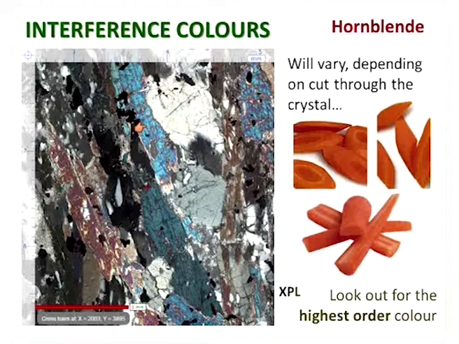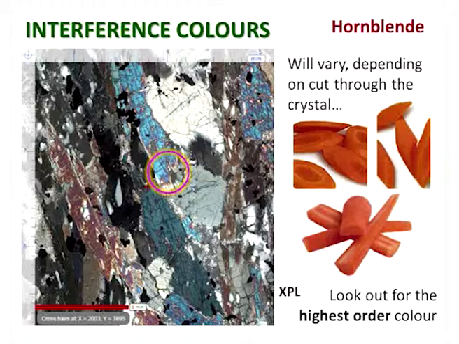So the key is always to look for the highest order colour that you can find for that particular mineral. You can essentially more or less ignore the lower order colours, the greys and so on, and just look for the highest order colour. So how do we tell what the highest order colour is?